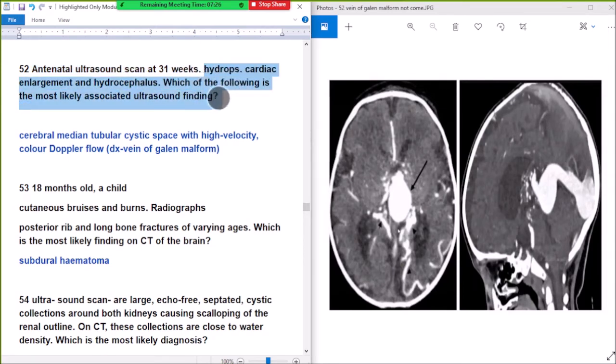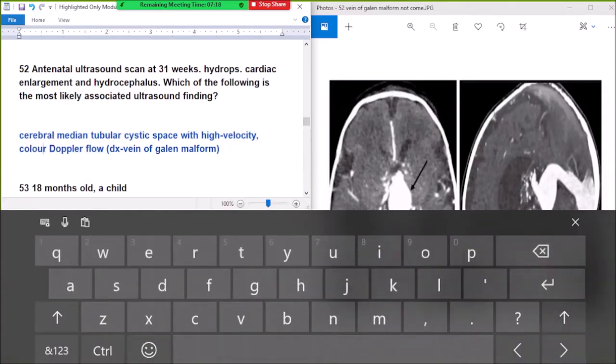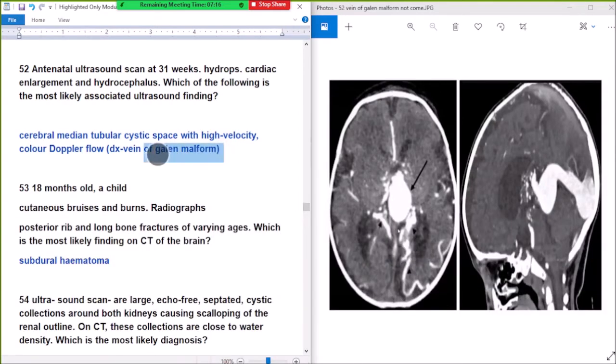Therefore, most likely associated ultrasound findings: cerebral median tubular cystic space with high velocity color Doppler flow. Diagnosis: vein of Galen malformation. It can show congestive heart failure. This is cardiac enlargement. So, how do you describe it? It is a cerebral median tubular cystic space with high velocity color Doppler flow. The diagnosis: vein of Galen malformation.